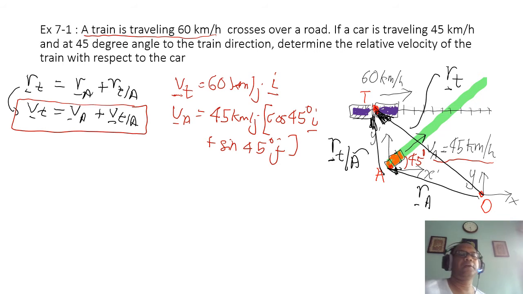So from there we can write the equation of motion.